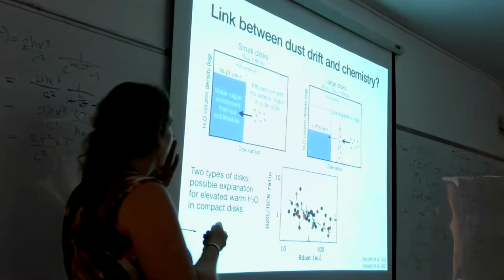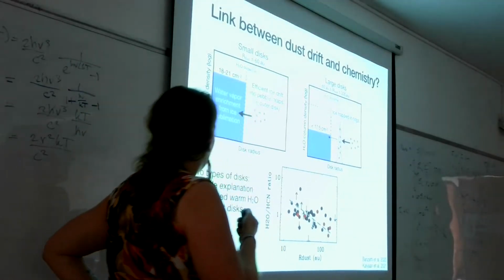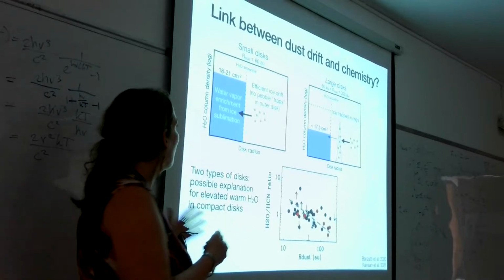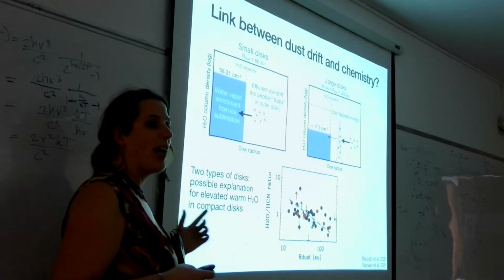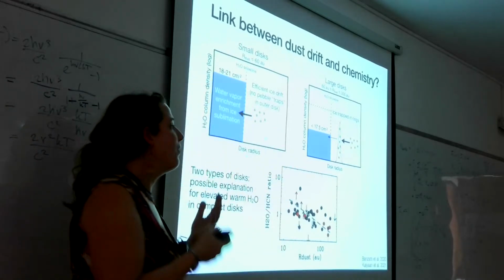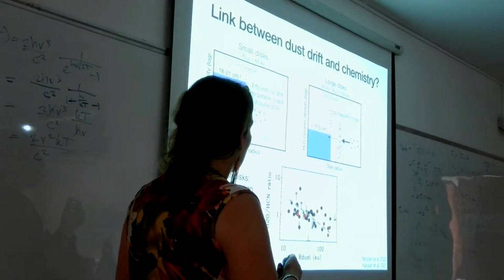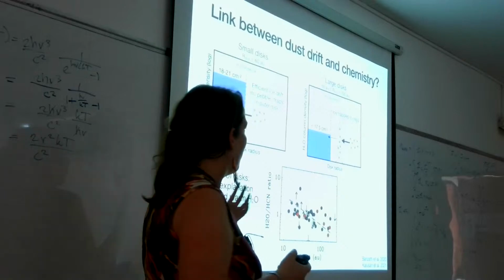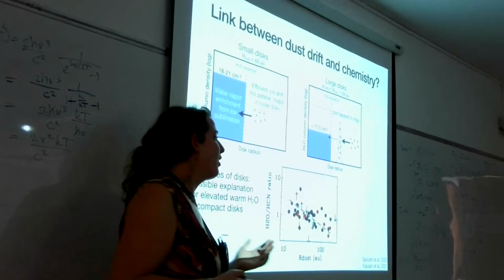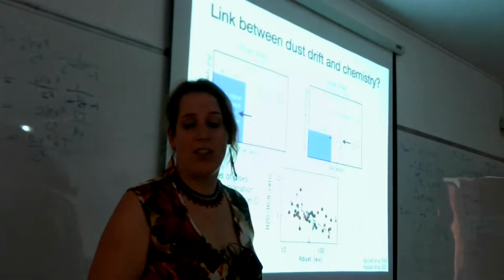And they explain that by the following idea: if you have a drift-dominated disk, so without pressure bumps, all the pebbles from the outer disk eventually end up inside the water snowline where they evaporate. However, if there are dust rings where the pebbles get stuck, that means that you will eventually get a lower amount of water vapor. So also here, there's essentially some correspondence.